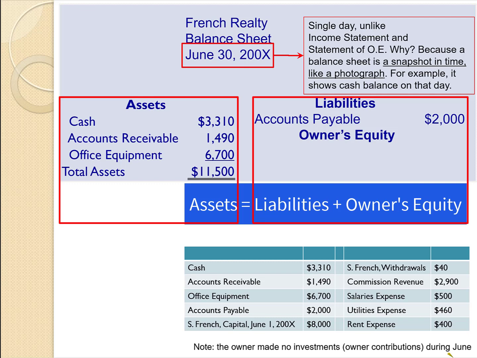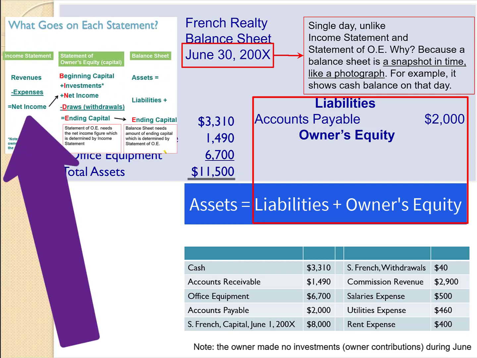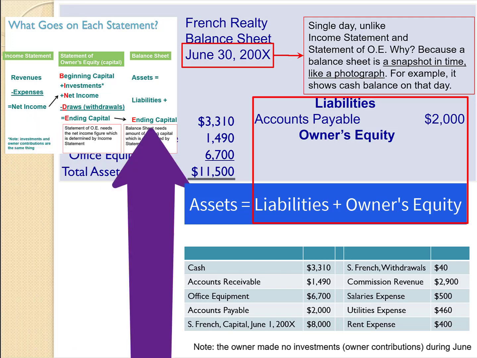So do you remember the 3 formulas for the 3 financial statements? They are revenue minus expense equals net income, bind with an E for the statement of owner's equity, and then specifically for the balance sheet, it's assets equals liabilities plus ending capital.